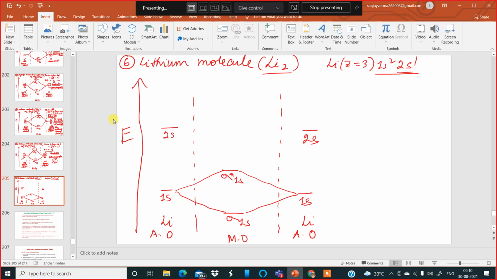Here the 2s will also combine. This becomes sigma 2s, and this becomes sigma star 2s. See, look at the order: sigma 1s, sigma star 1s, sigma 2s, sigma star 2s.